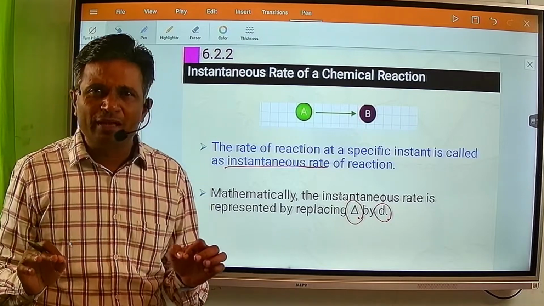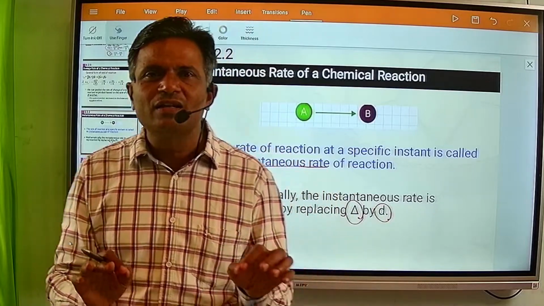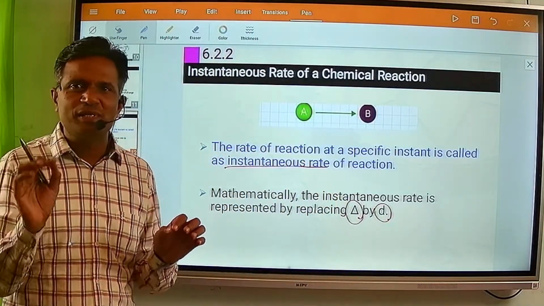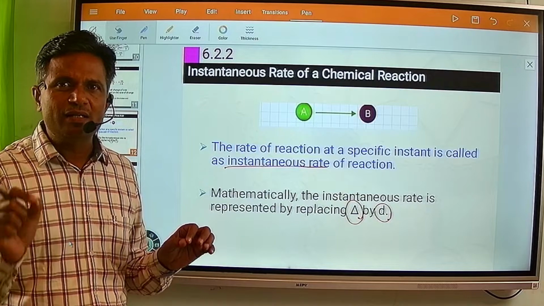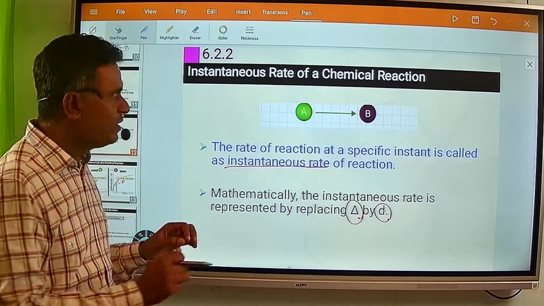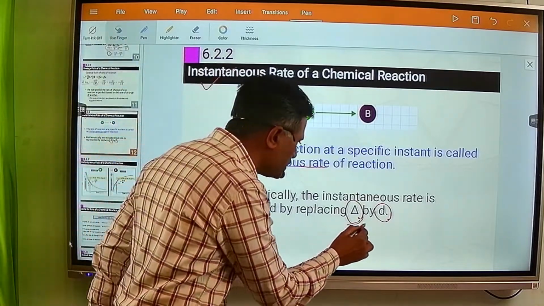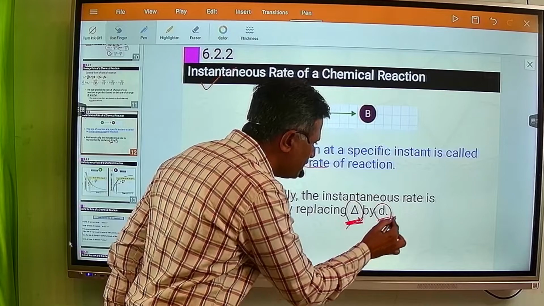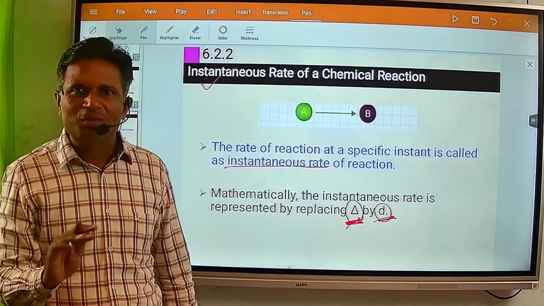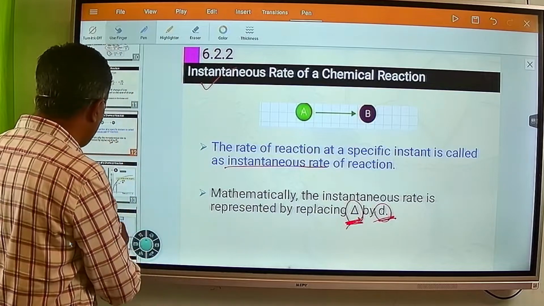Whenever you determine the average rate, you have to select two different time intervals, while here you have to select any specific time instant, let us say 15 minutes or 10 minutes. That is the rate we call the instantaneous rate of reaction. This is a very important change: delta is replaced by d.